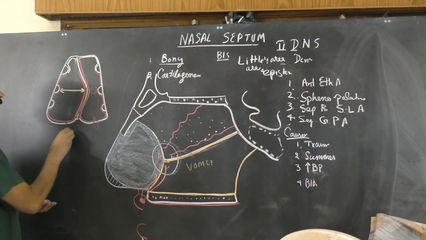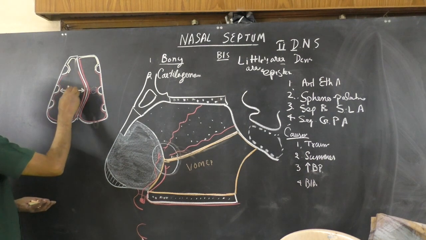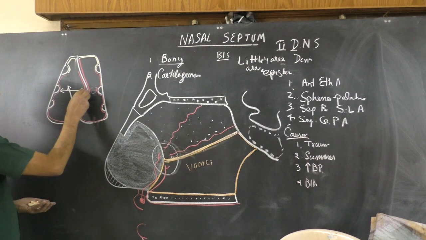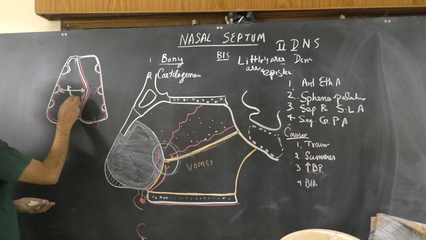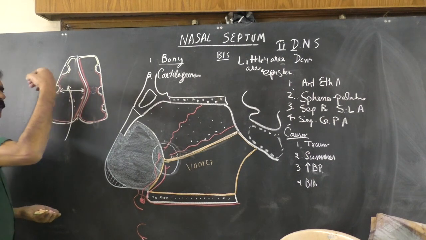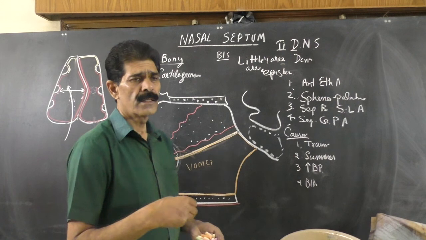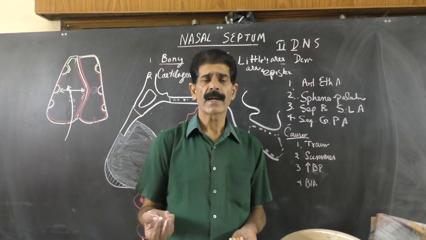Because of the widening, the air currents go without touching the ciliated columnar epithelium, which is the first line of defense. All the carbonaceous dust particles and spores of bacteria have easy access into our respiratory tract. So the patient will suffer from bronchitis.